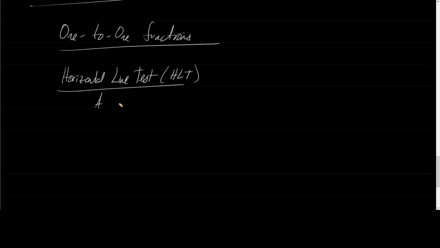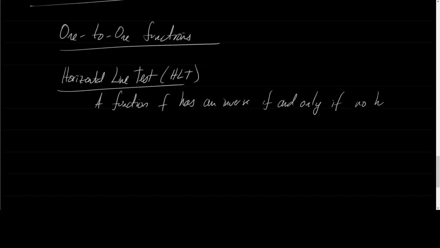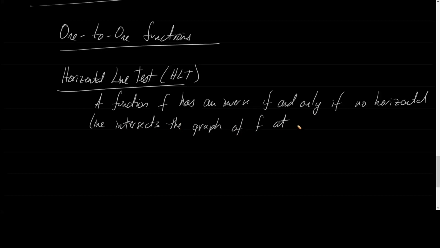A function f has an inverse if and only if no horizontal line intersects the graph of f at more than one point.